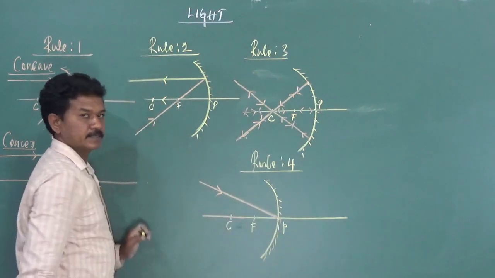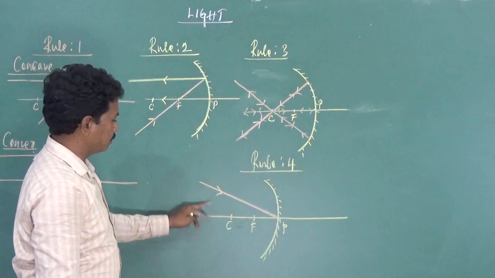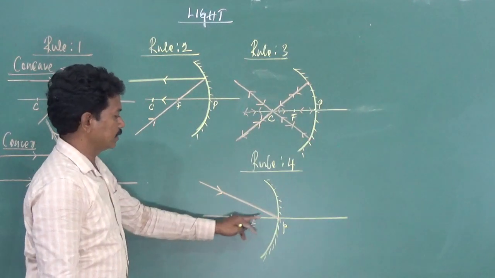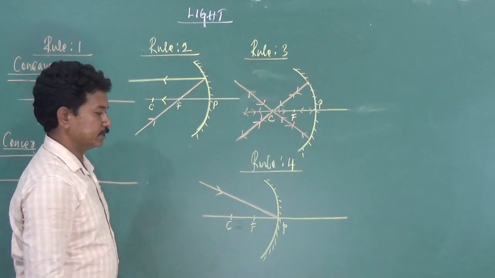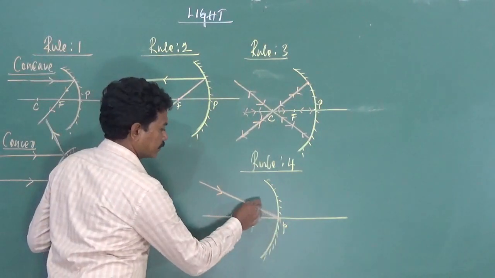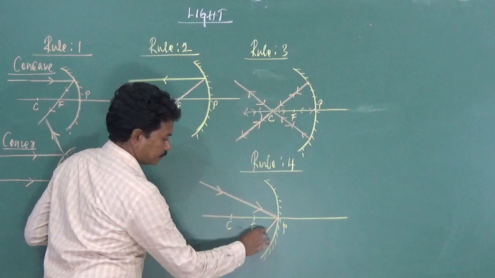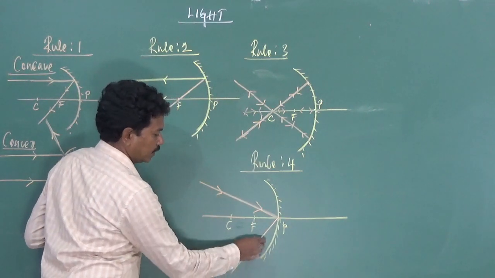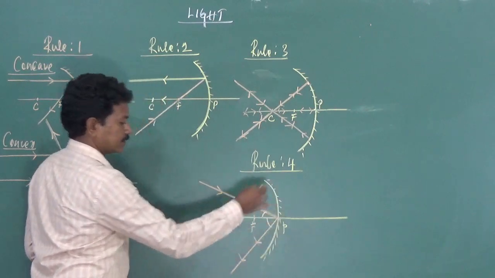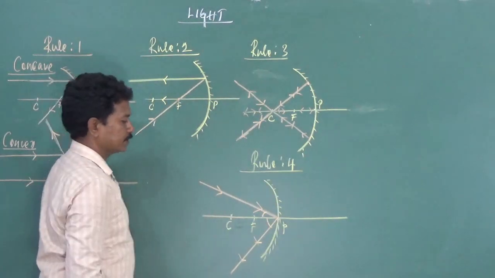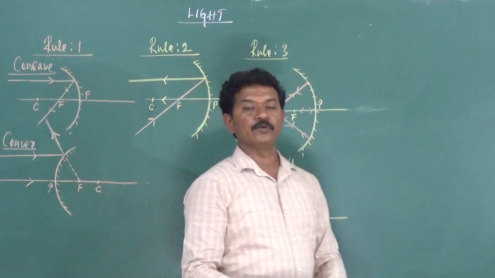Then what happens? If a light ray traveling obliquely to the principal axis falls on the pole of the mirror, after reflection it is going to move back in a particular direction such that this angle will be equal to this. So you have to remember this. In one of the ray diagrams, we are using this.